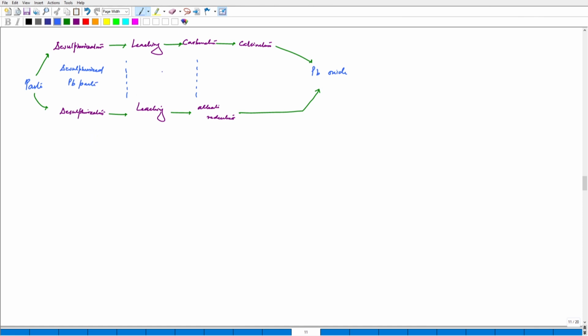And then when we do leaching, we get a lead-rich solution. And then we do various processes, carbonation, calcination. Our target is lead oxide. How we reach there is a way by which we can manipulate. So this is a chemical route of handling these wastes.